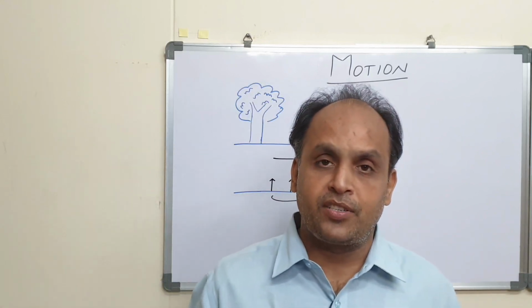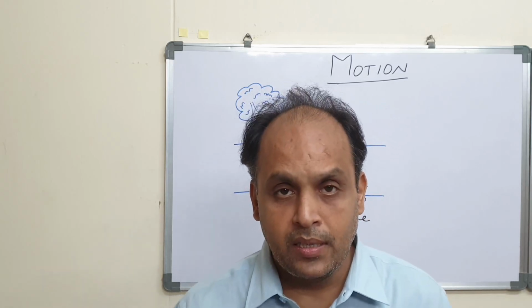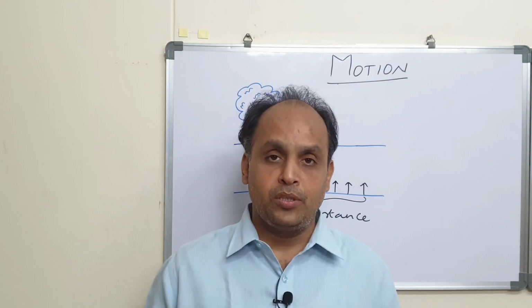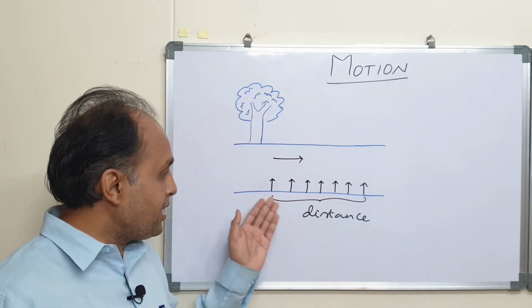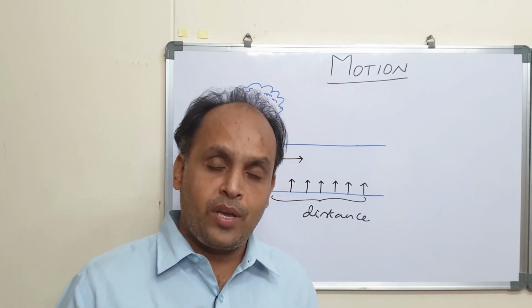If we have to define distance, it is the length of the path covered by a body during its course of motion from the initial point to the final point. This is what we call distance.